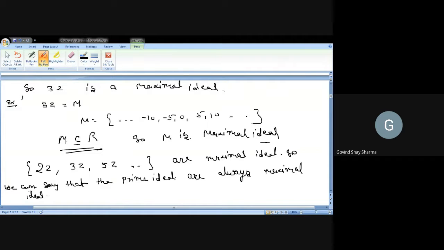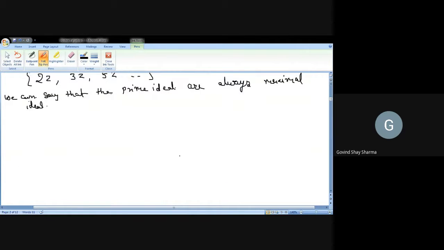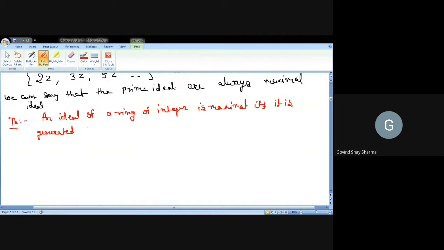Now we take a theorem on the basis of these. An ideal of a ring of integers is maximal if it is generated by some prime integer.